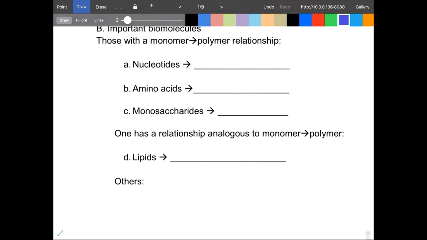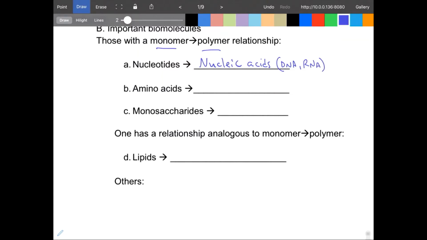So that means that there's something small, right, a monomer, that can be linked together to make something much larger, the polymer. And this is certainly true with nucleotides, the monomer, which can be linked together covalently to make what we would consider nucleic acids. And examples would be things like DNA, RNA as well.